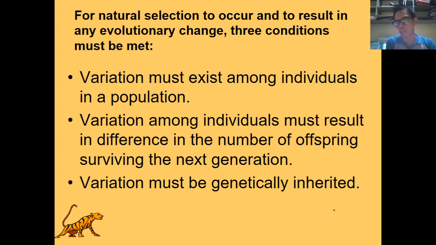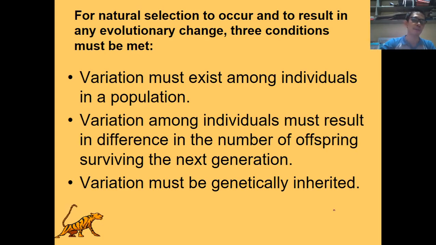So meaning to say that in order for natural selection to occur, organisms should be varied or different from other groups of organisms, so that they can adapt to certain stimuli or certain changes in the particular environment. According to Charles Darwin, the organism that is more adapted to the environment tends to be different from those organisms that live in a different environment.